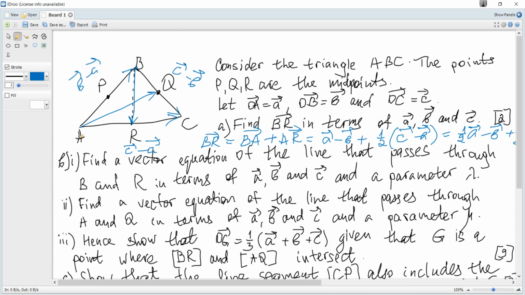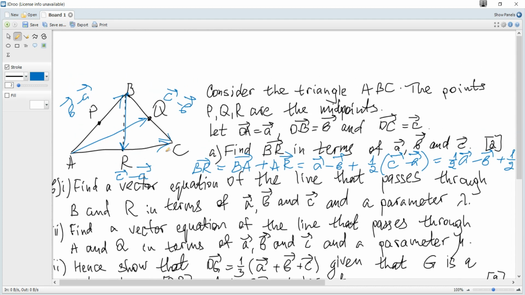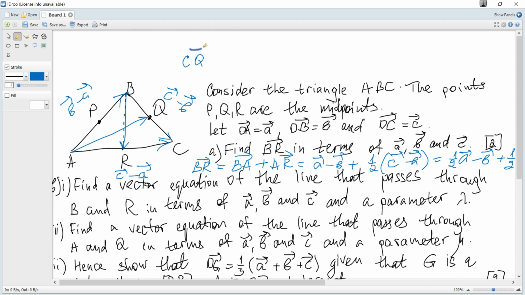AQ is AC plus CQ, and CQ is minus QC, and QC is a half of BC, which is a half of c minus b. Hence, it becomes half b minus half c.